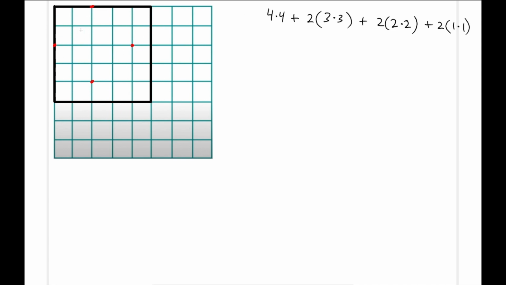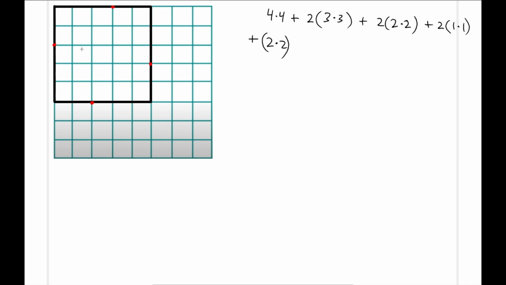The center will still be the same, and the position of the sides will be the same. We know it's 2 versions down and 2 versions to the right, so it's going to be 2 times 2.